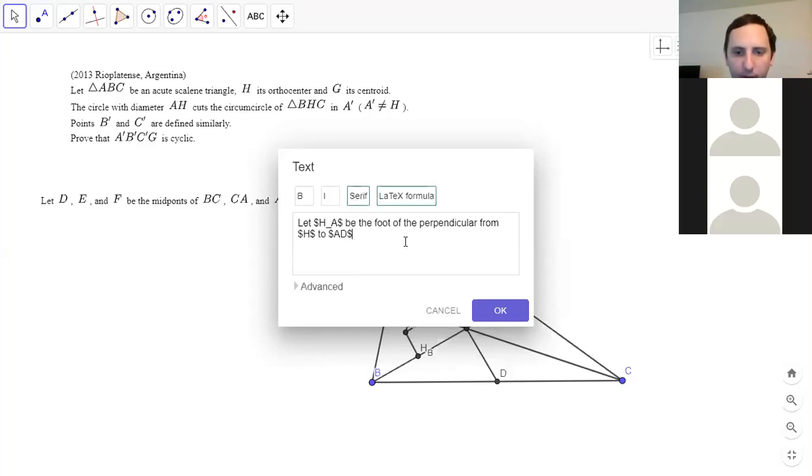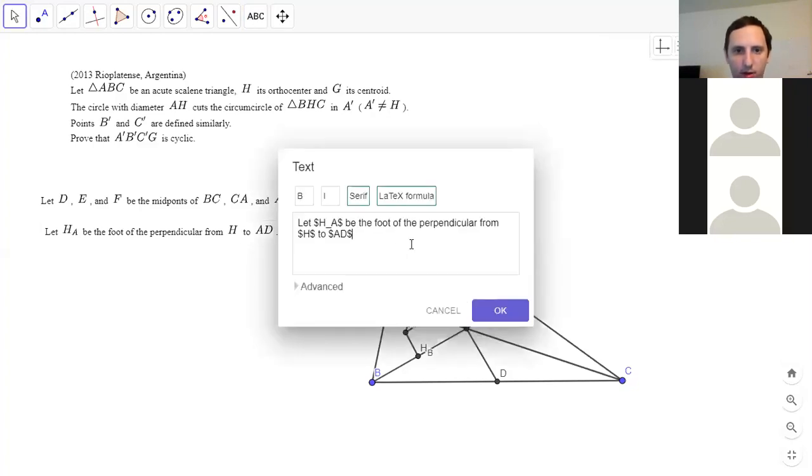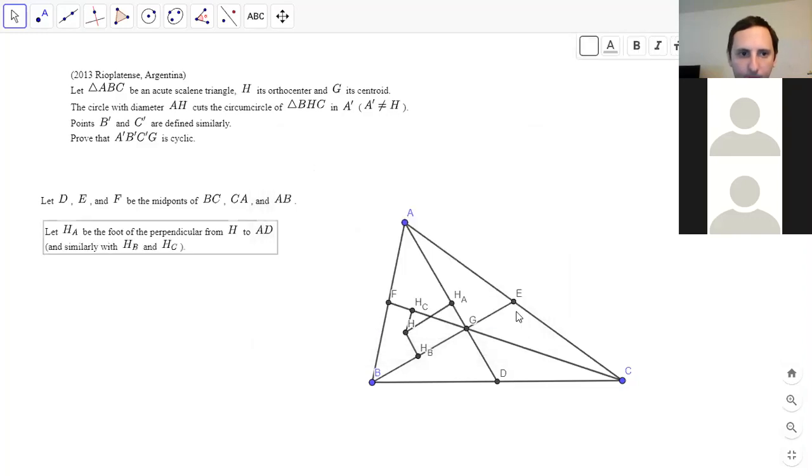So then I claim that HA is A prime, and similarly with HB and HC. And then by the HM theorem, so I think that's video 5, BHH prime A is cyclic.